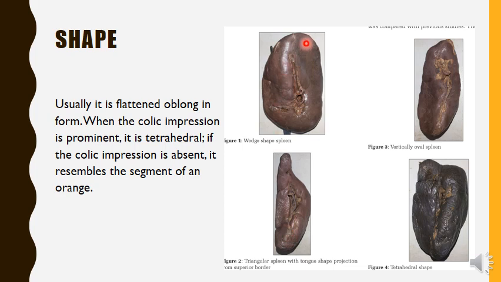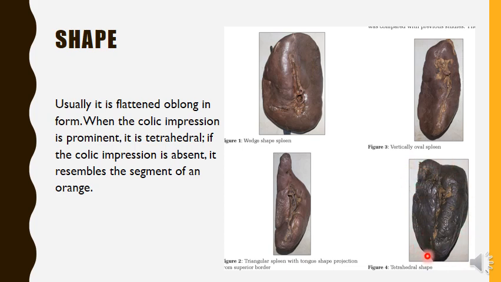It is related to the stomach, to the kidney here, to the colon, and near the hilum it is related to the pancreas. Because it is related to all these viscera, it is called the visceral surface. And whenever the colic impression, which is usually present in this area, is prominent, then the shape of the spleen will be tetrahedral like this.